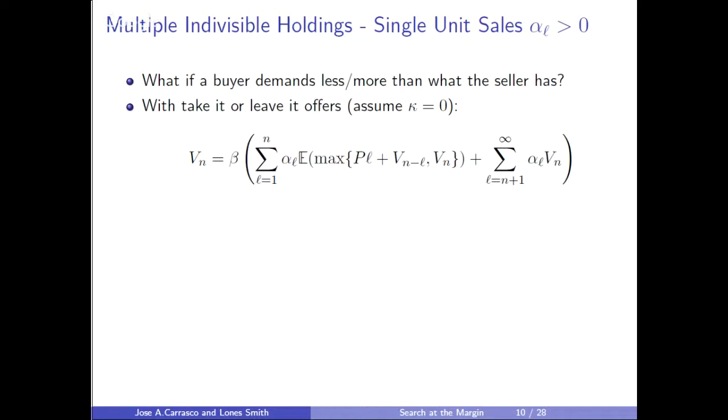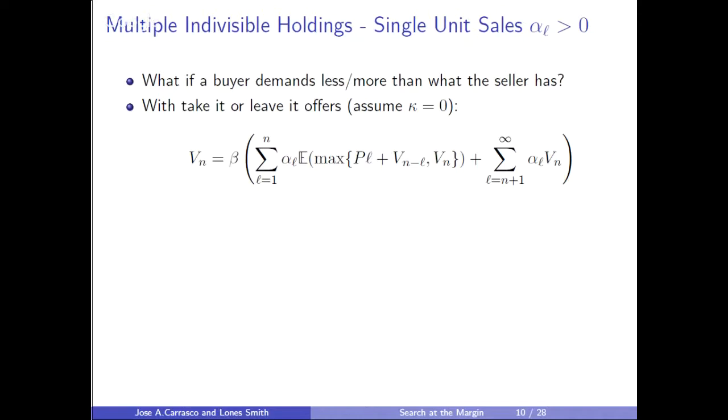The value of holding n houses is the sum, which is just an expectation over all alphas, but I need to split it into two parts. If the demand is less than the position, I might sell the L units, in which case I get PL, my continuation value.